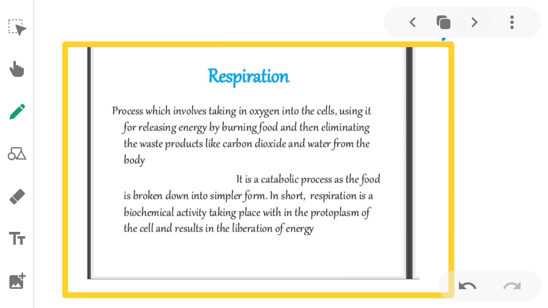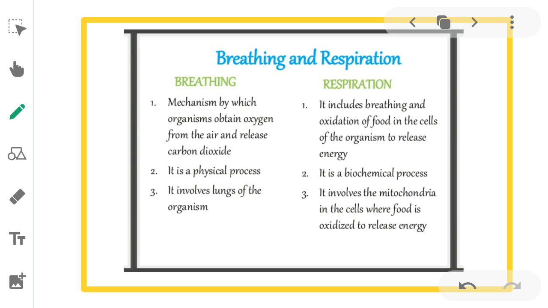Now, some differences between breathing and respiration. First, breathing is a mechanism by which organisms obtain oxygen from the air and release carbon dioxide. Respiration includes breathing and oxidation of food in the cells of the organism to release energy.